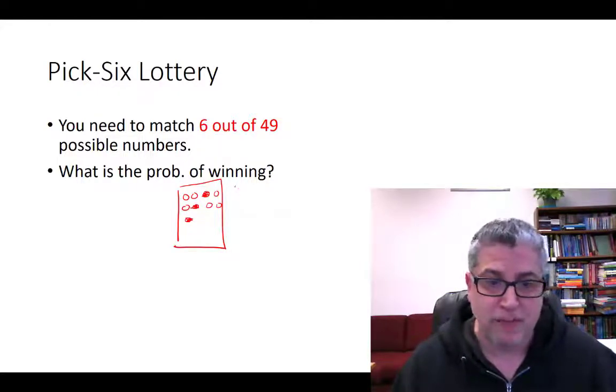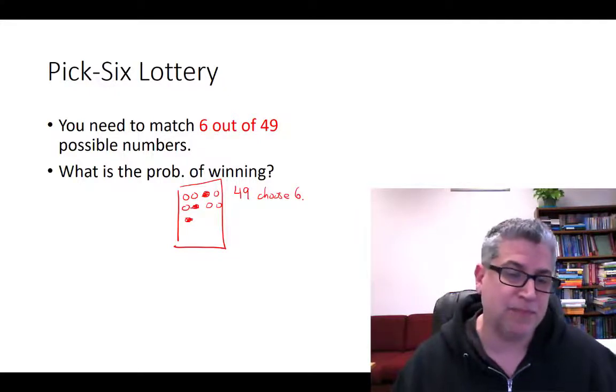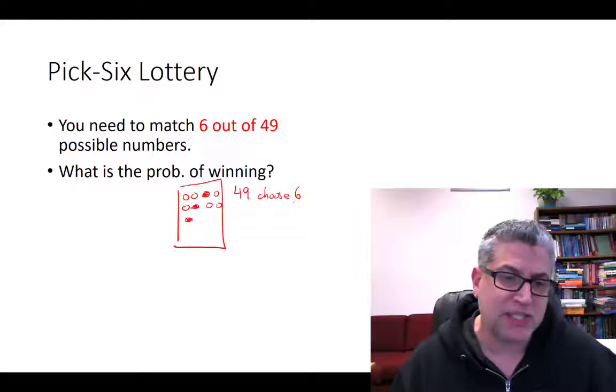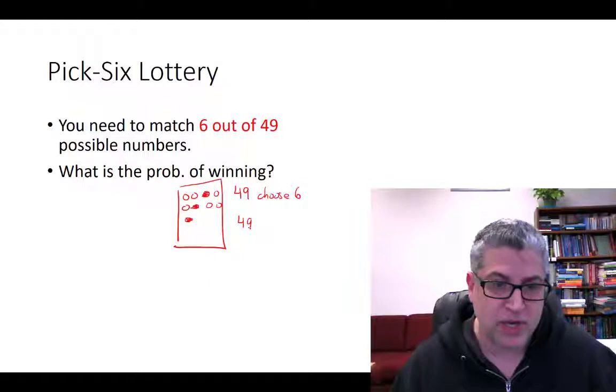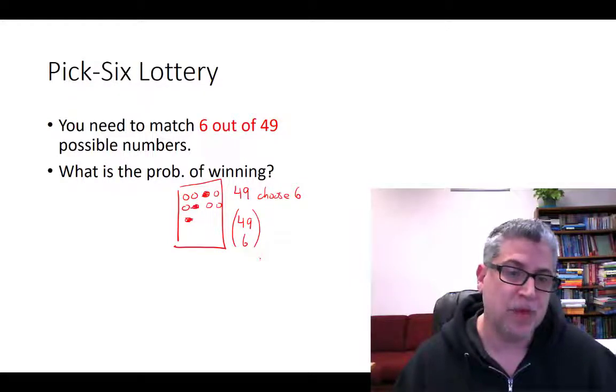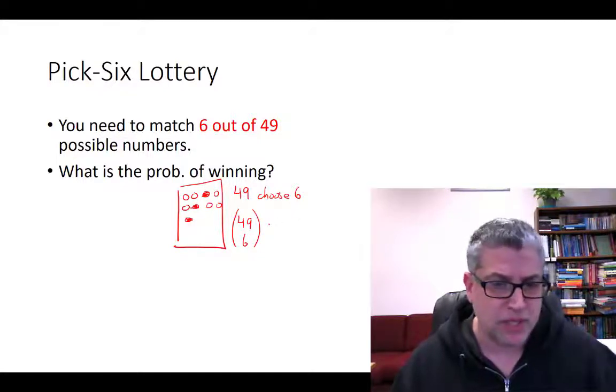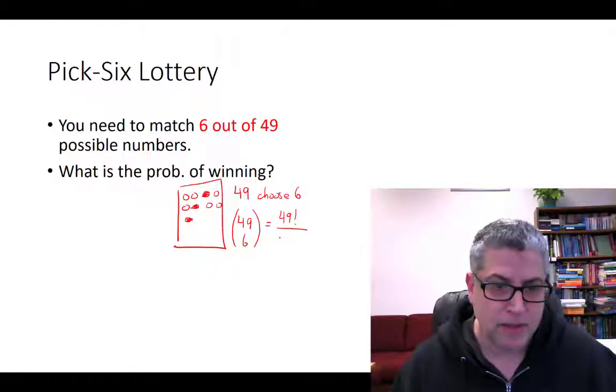We have 49, and we want to choose 6. How many different sets of 6 could we get out of 49 numbers? Well, that's 49 choose 6. And so according to our formulas, this would be 49 factorial divided by 6 factorial times 49 minus 6 factorial.